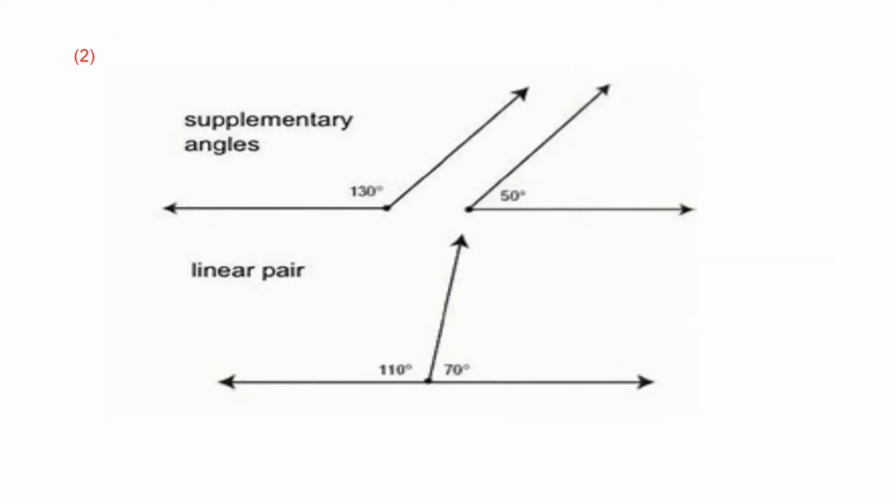We know that the sum of the angles in a linear pair is 180. In supplementary angles also, the sum of two angles is 180. So if two angles are supplementary, it does not mean that they will form a linear pair.